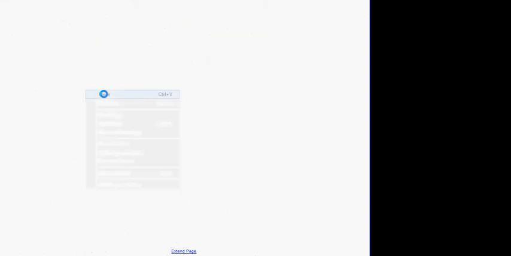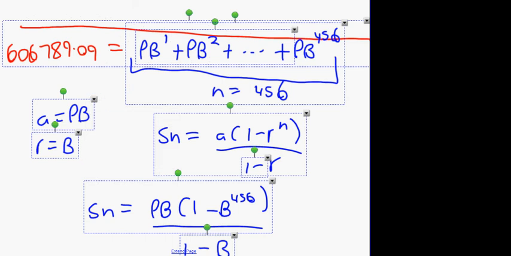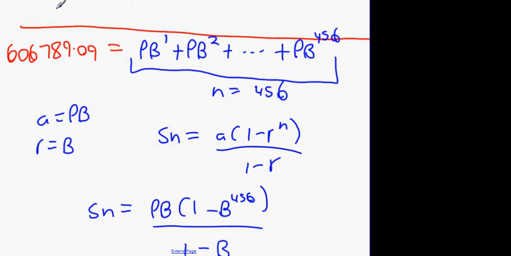We have 4 years less time. So it's no longer 456 months. You have to take away 48 to get 408 months. So anywhere we see n equals 456, we change it into 408.